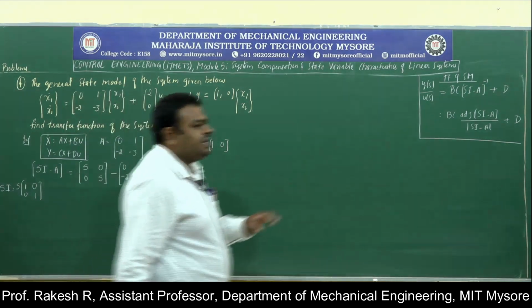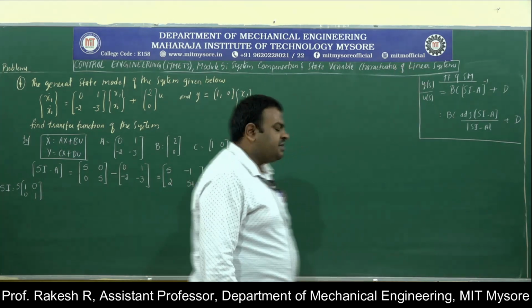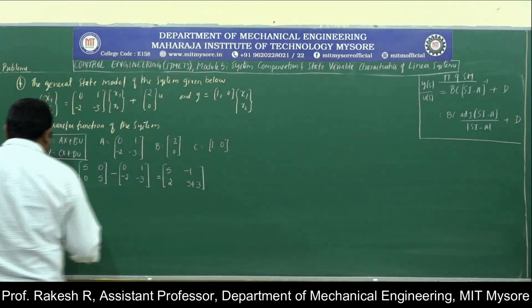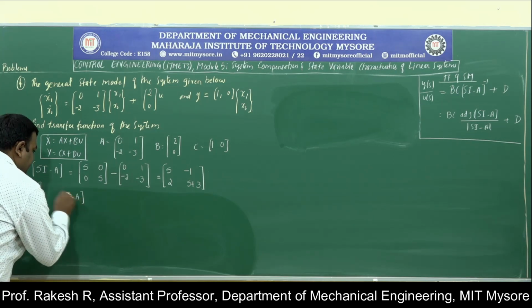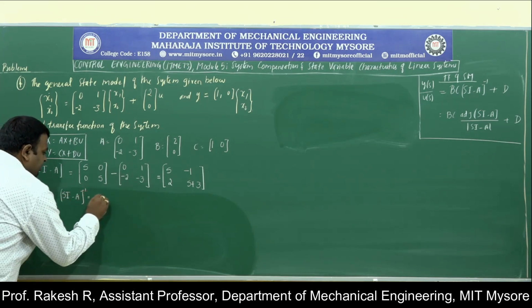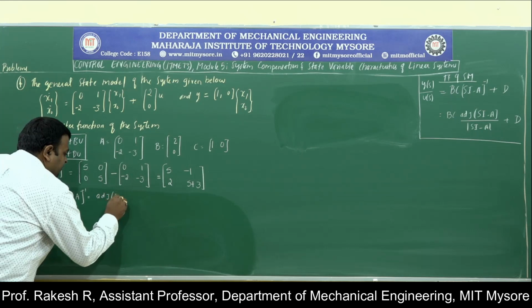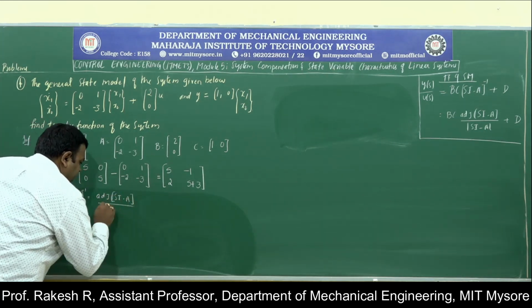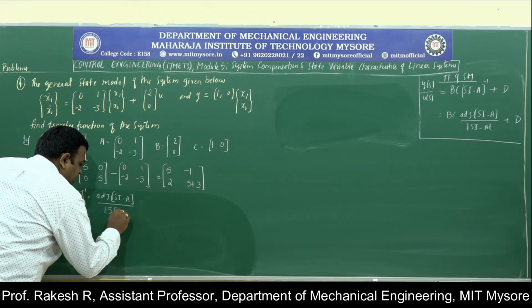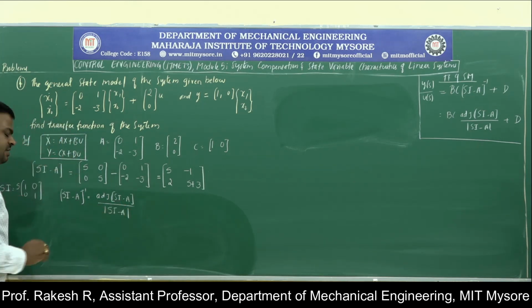But what we need is the inverse. (sI minus A) inverse will be equal to adjoint of (sI minus A) divided by determinant of (sI minus A). First let us calculate the determinant.